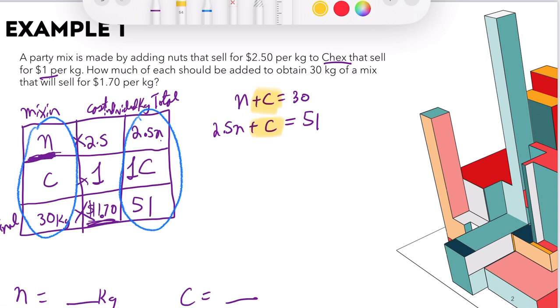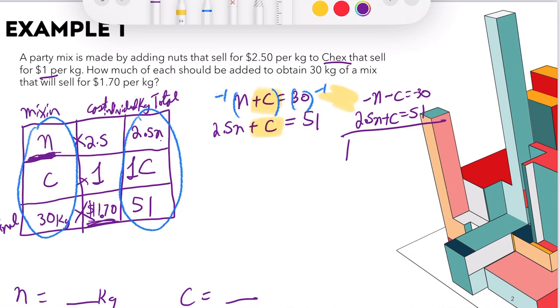So I went ahead and multiplied this top row by -1, and I'm just going to rewrite my equation. So now I have negative n minus c is -30, and I add that to 2.5 n plus c is 51. That gives me 1.5 n is 21.